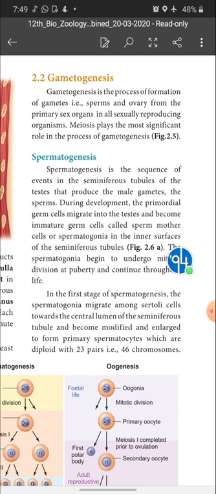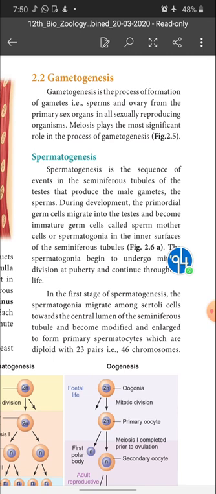The zygote immediately undergoes mitotic cell division. You know very well what mitotic cell division is: one cell divides into two with the same number of chromosomes as the parent. So when the zygote divides, it forms two cells, and both cells have 46 chromosomes. Like that, the zygote undergoes cell division, forms an embryo, and develops into a young one.